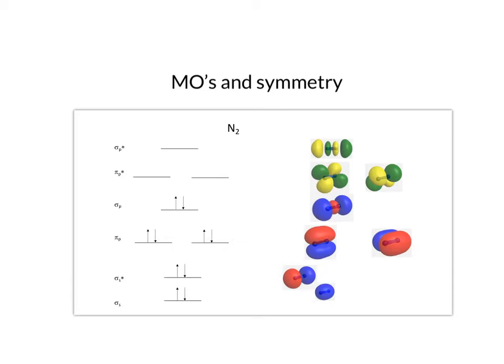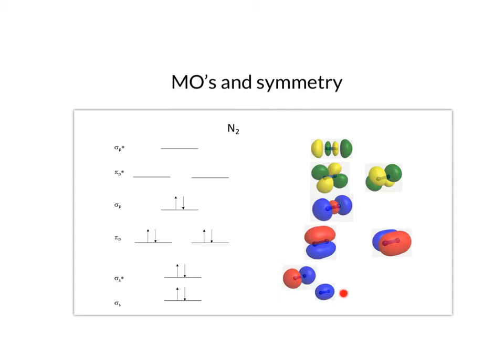So once we decide on our representation of our molecular orbitals, we can assign those molecular orbitals to particular symmetry elements or symmetry representations within the group by thinking about how this particular shape transforms using the symmetry operations in the group.